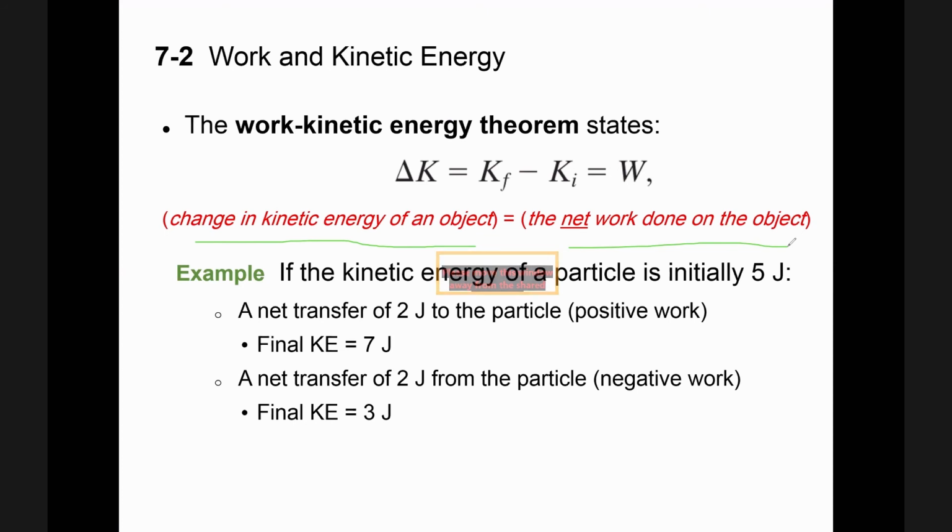So in net, variation in his kinetic energy is equal to the work done on the object. طيب, كيف نكتبها mathematically? A change in kinetic energy is K final minus K initial equals the net work.